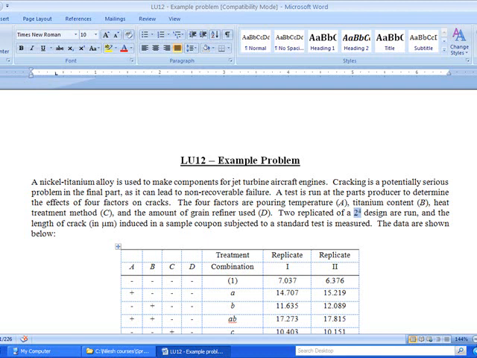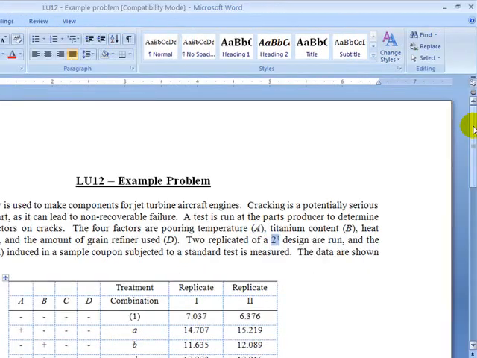Similarly, for temperature, let's say we run the experiments at 10 degrees Kelvin and 30 degrees Kelvin. These are the 2 levels we use for temperature. So you can see in this 2 factor experiment, we are using only 2 levels for each factor. So this is a 2 raised to 2 type of design, right?